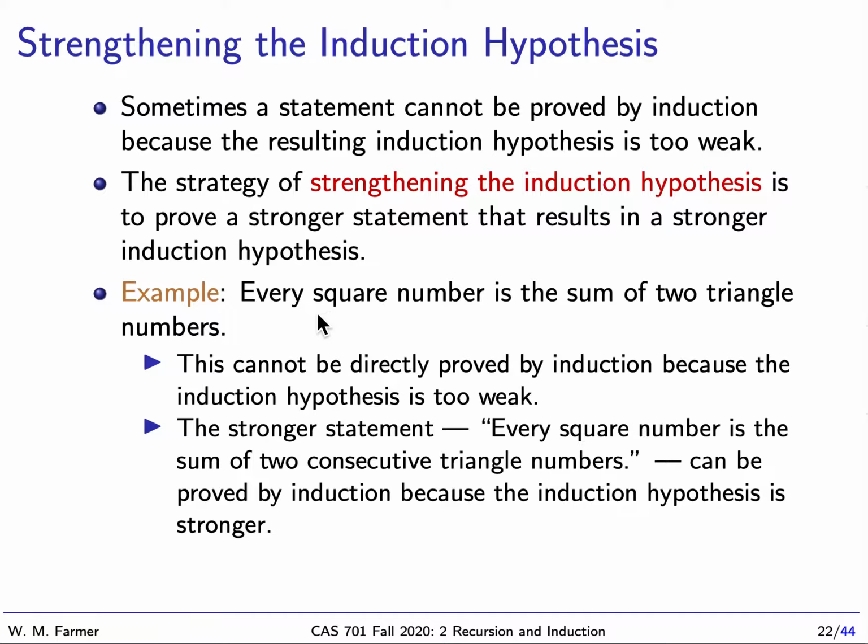It's a very simple example. There's a theorem that says every square number is the sum of two triangle numbers. Let me show you what I mean.